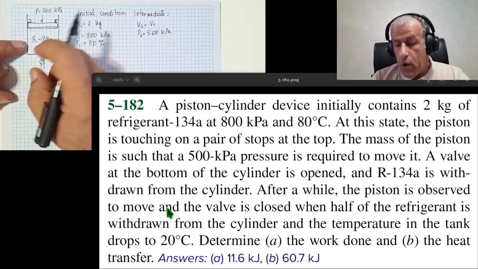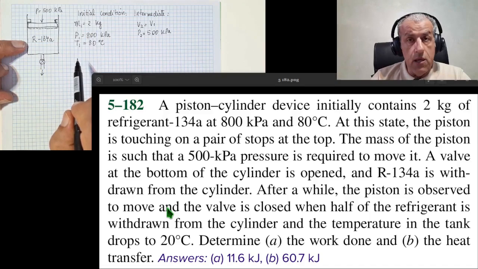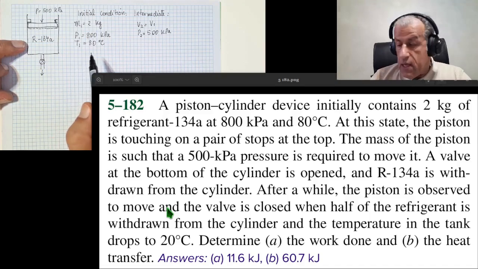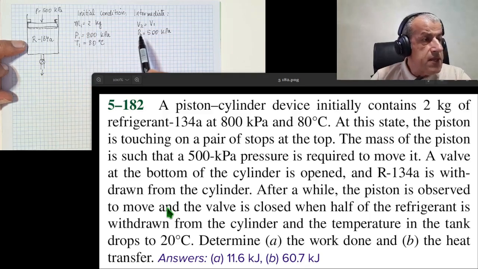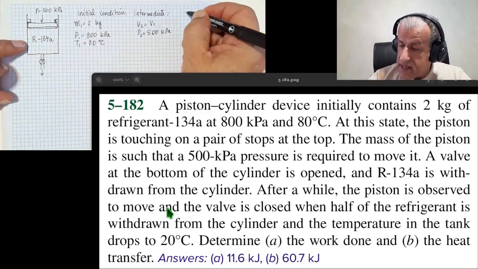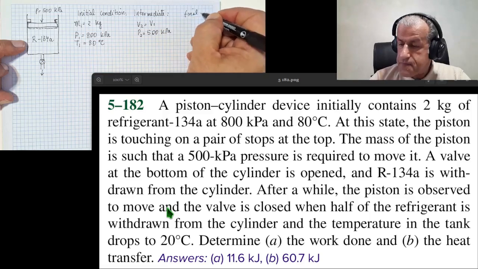So after a while, which is between condition 1 and condition 2, and the pressure is dropping between 800 and 500, it says after a while, the piston is observed to move and the valve is closed, but half of the refrigerant is withdrawn from the cylinder. So at the final condition, let's call this final, what happens?